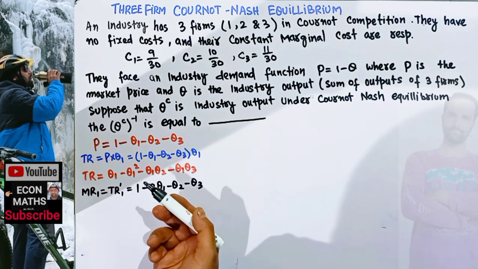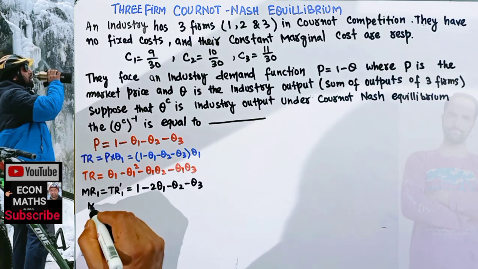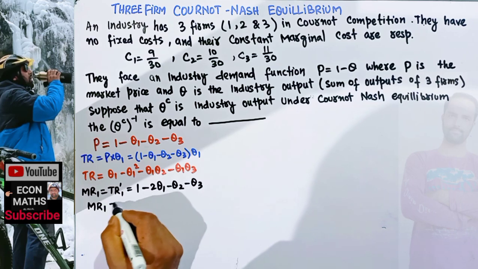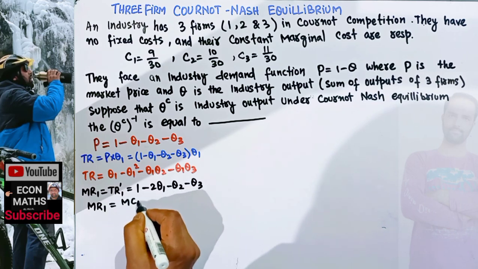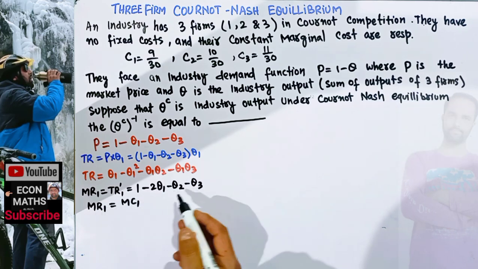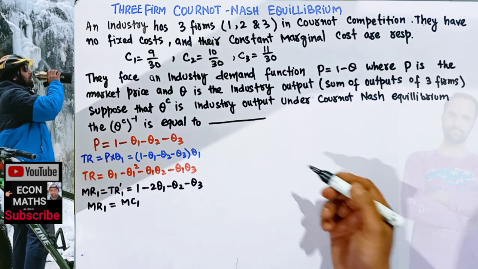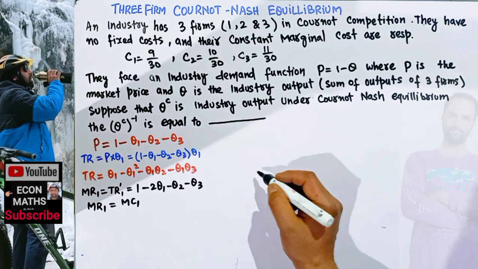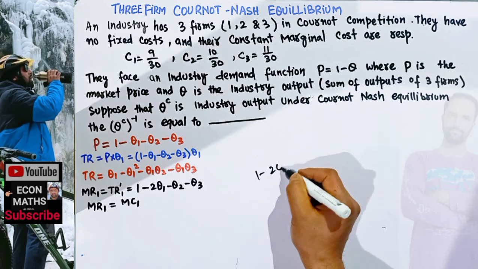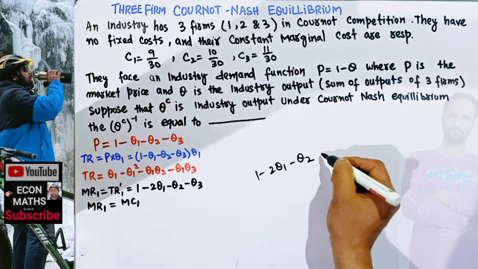Now we equate marginal revenue with marginal cost. That means marginal revenue of firm 1 should be equal to the marginal cost of firm 1. Marginal revenue is given by this function: 1 - 2Q1 - Q2 - Q3.